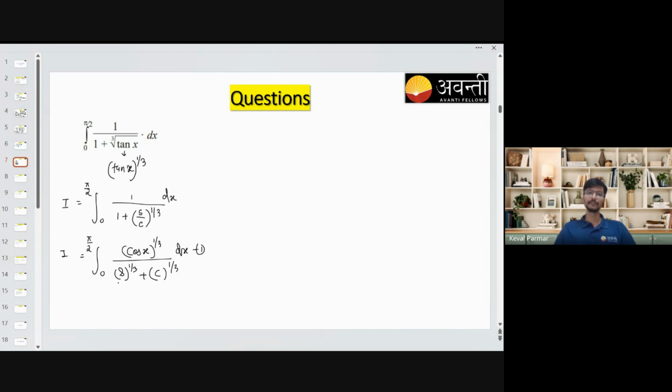I hope you know what we are going to do. We are going to use the king property. King property says that I can replace x by sum of upper limit plus lower limit minus x without changing the value of the integral. That means I will remain I, everything will remain the same.